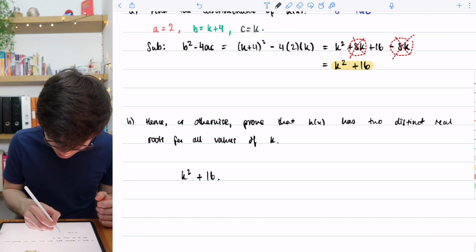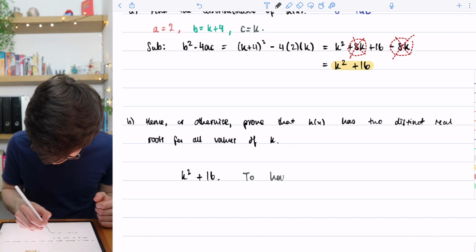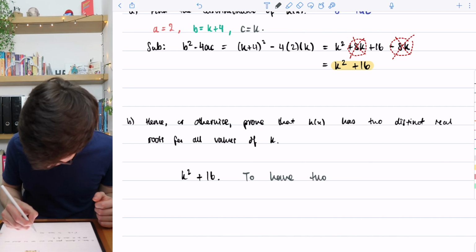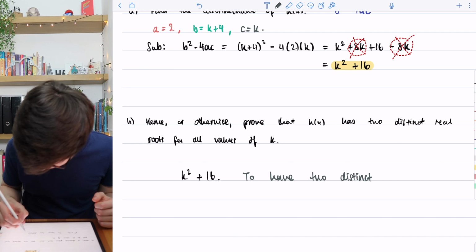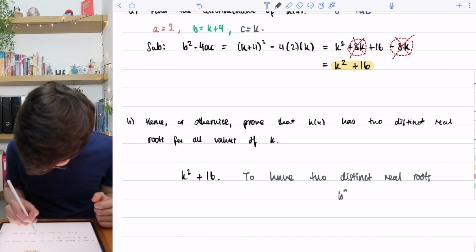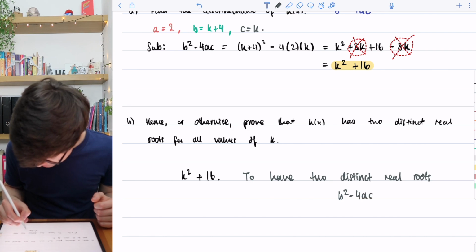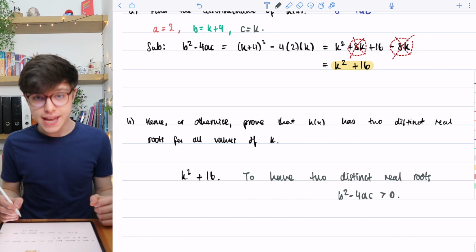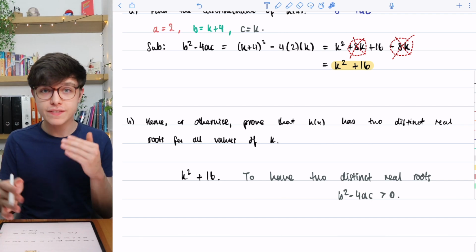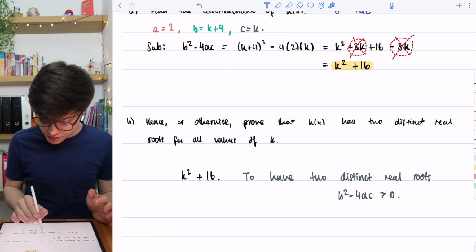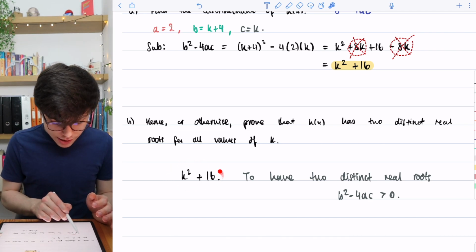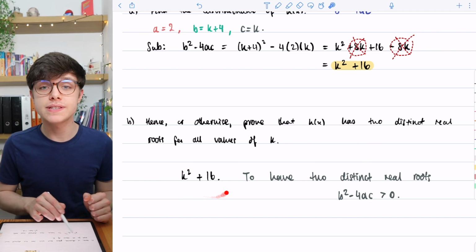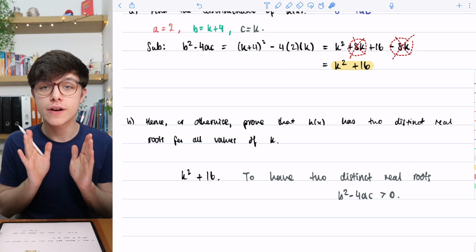To have two distinct real roots, b squared minus 4ac must be greater than 0, okay? Because that was one of the criteria we had at the start. So to have two distinct real roots, we need this to be greater than 0 for any value of k.